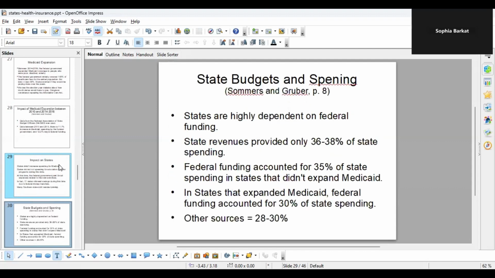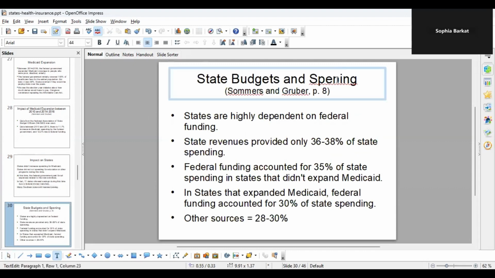State budgets and spending. States are highly dependent on federal funding. State revenues provided only 36 to 38% of state spending.